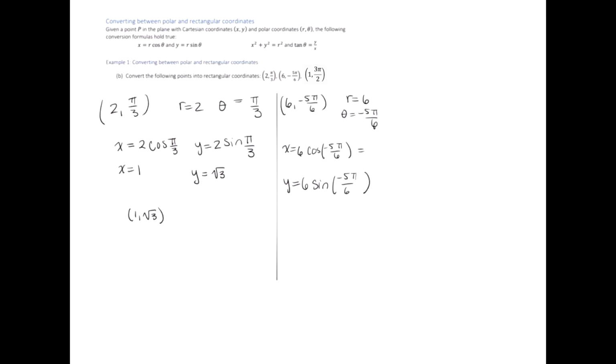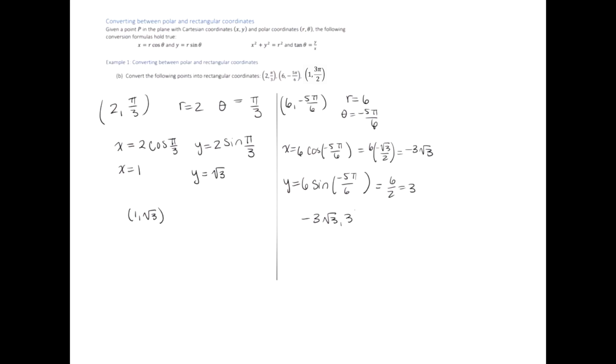So this becomes negative root 3 over 2 times 6, which is just negative 3 root 3. Let's do the same thing for sine of 5 pi over 6 times 6. So we will end up with 1/2 times 6, so this is 6 over 2 or 3. So this point here is negative 3 root 3 comma 3.